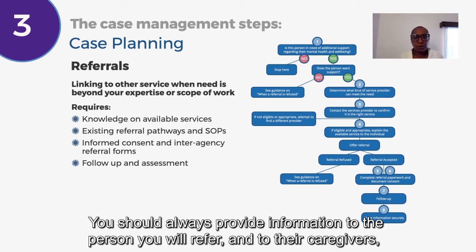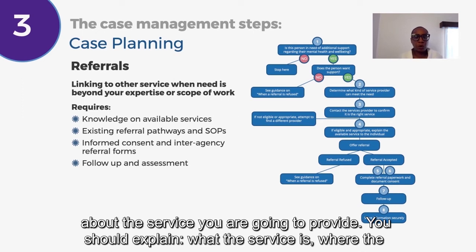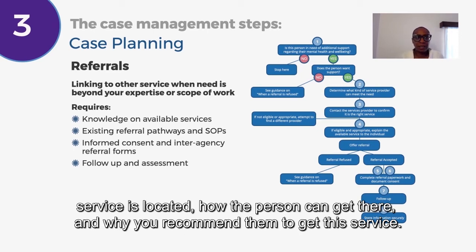So you should always provide information to the person you will refer and to their caregivers about the service you are going to provide. You should explain what the service is, where the service is located, how the person can get there, and why you recommend they get this service.